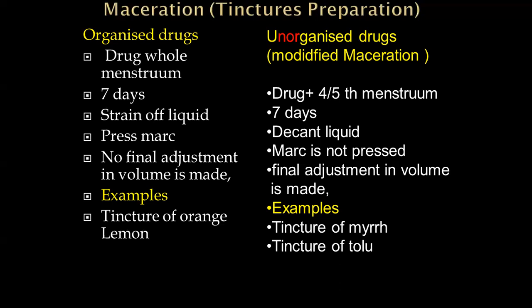The menstruum passes through, takes up the active constituent, and comes out immediately. So marc pressing is not required. Simply by filtration or decantation, you can obtain the maximum volume of the extract.